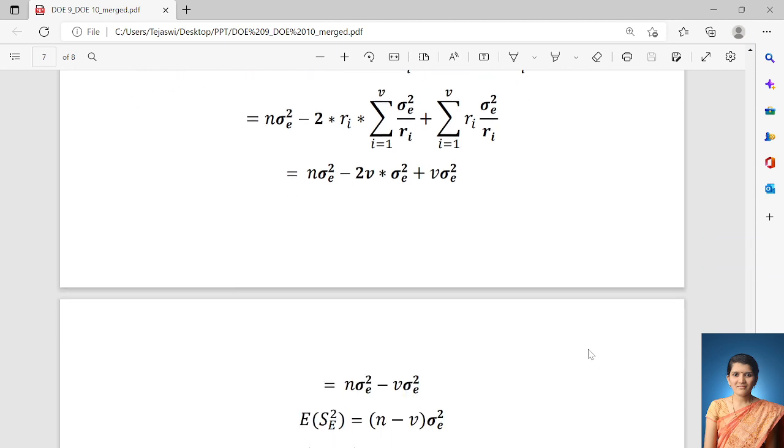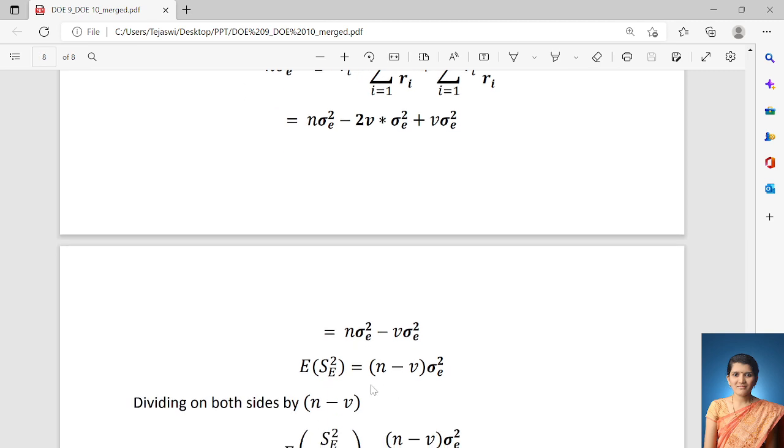So finally it is minus 2 times v sigma square plus 1 times v sigma square, which is minus 1 time.